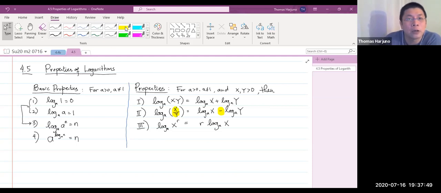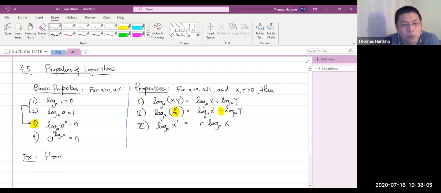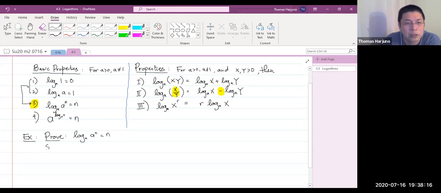So for example, yesterday we proved number 3. Actually I did prove all 4, but let's review that a little bit. Suppose they ask you to prove that log base a of a to the n equals n. One way to do it is to let x equal log base a of a to the n.